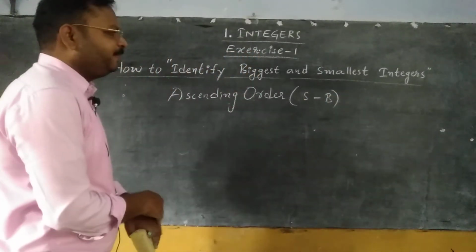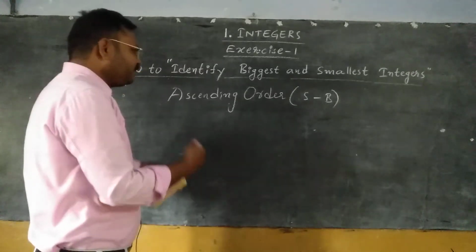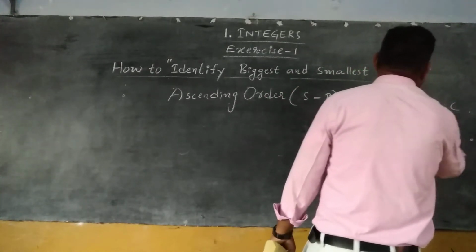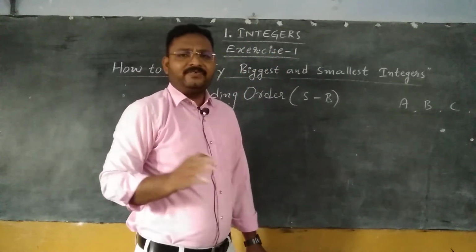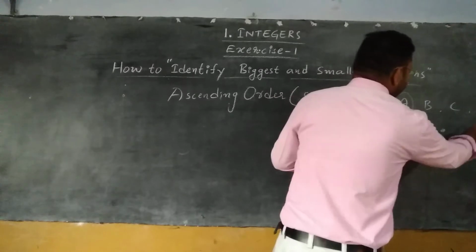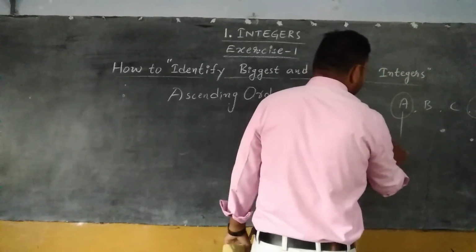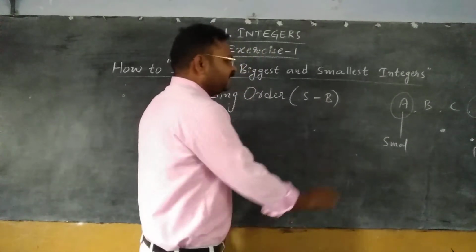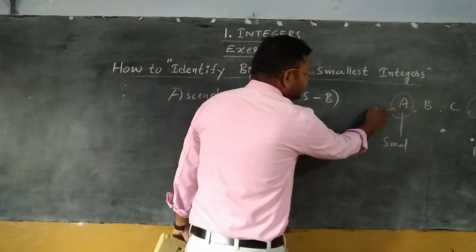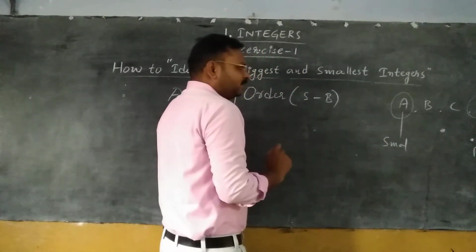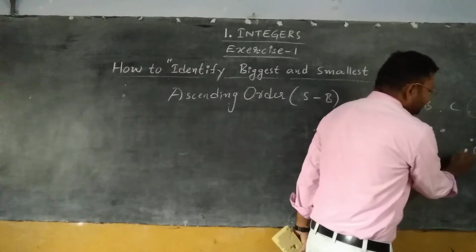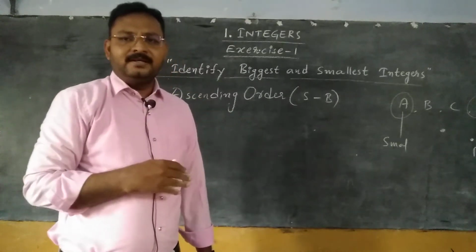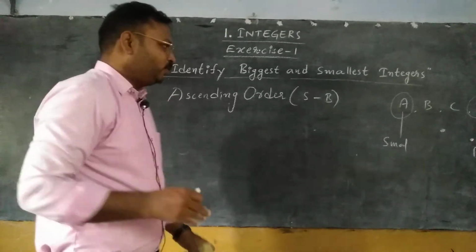Ascending order means small to big. Descending order means big to small. We know this shortcut very well from the English alphabet: take 4 letters A, B, C, D. The first letter is A and the last letter is D. A is smaller than D, and D is bigger. So A means ascending order, small to big. Descending means big to small. We know this very well.